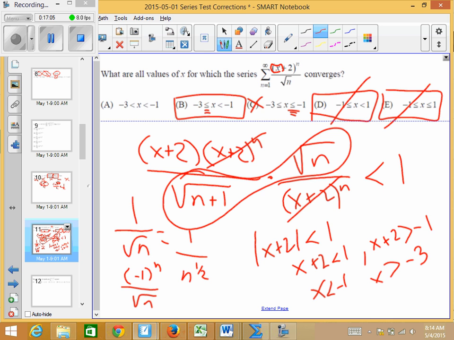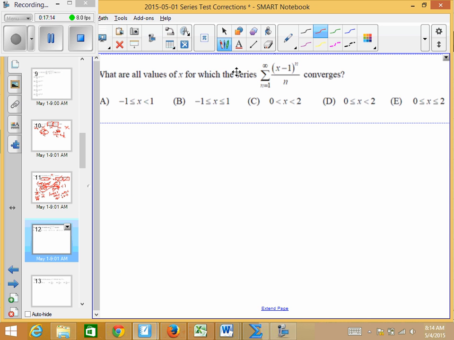We have multiple answers. This is the same problem as the last one, just a different expression. I'm not going to do this one. It's going to be the same thing: use the ratio test, then check your endpoints.